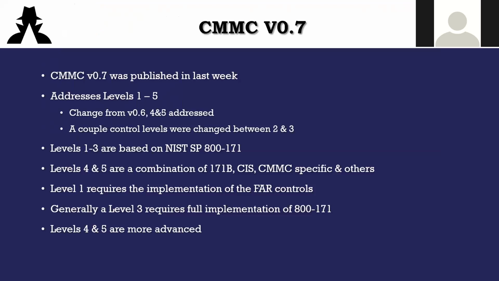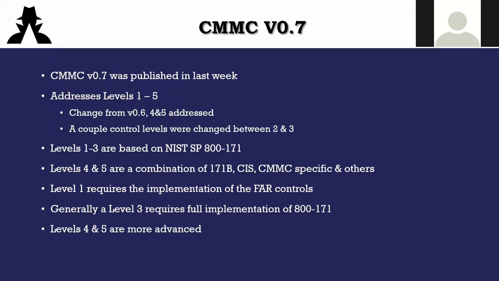All right, like I said, version .6 came out in November. We're at version .7, which came out last week. The major change between .6 and .7 is that .6 only addressed levels 1 through 3, and .7 is addressing levels 4 and 5. For the majority of contractors, you're going to be at levels 1 through 3.